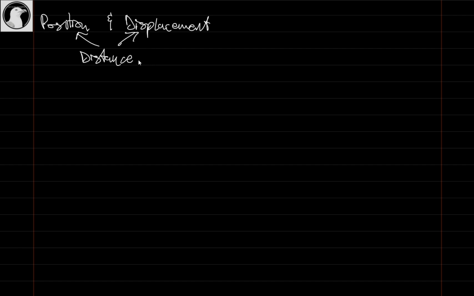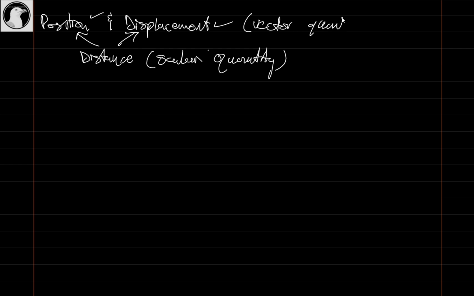We can't use distance in physics because distance is in fact a scalar quantity, so we can't use it. Instead, we use its two cousins, which are both vector quantities. Their magnitude is in fact a distance, but a distance with what? A direction. That's basically the only difference.